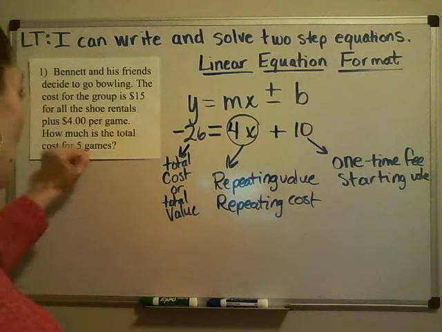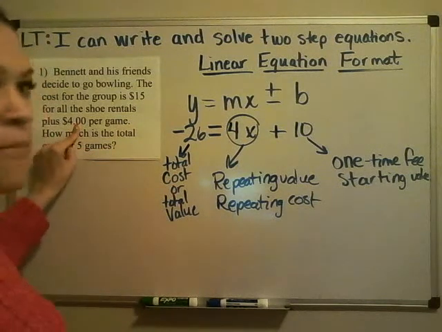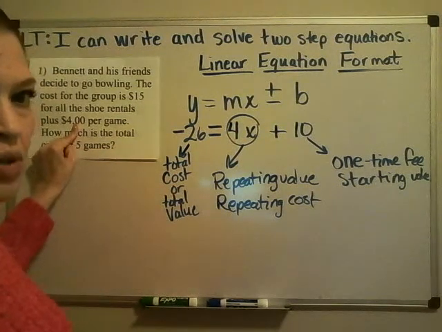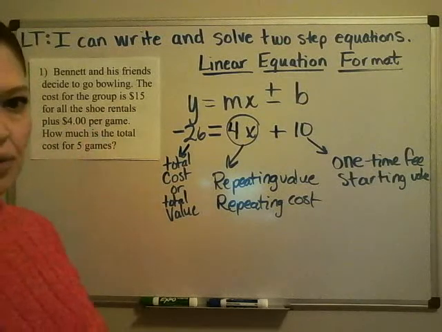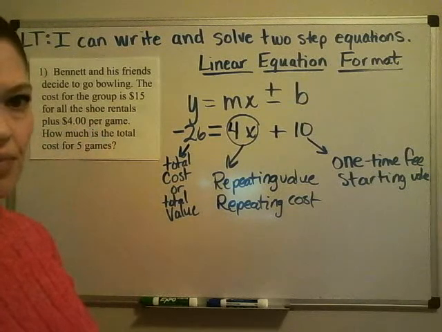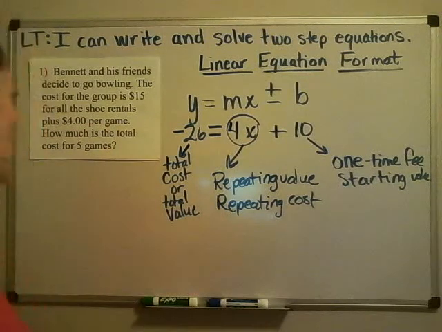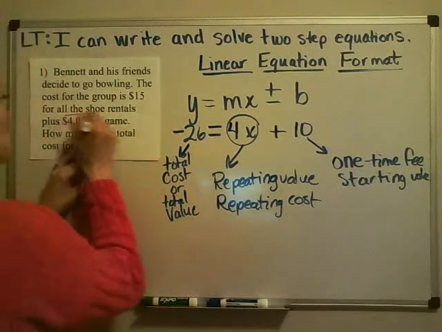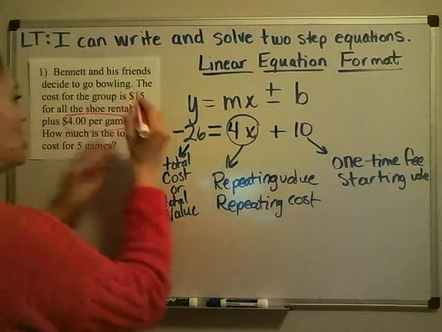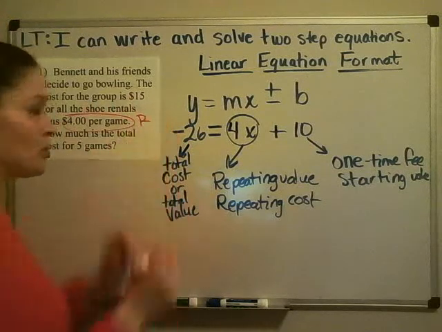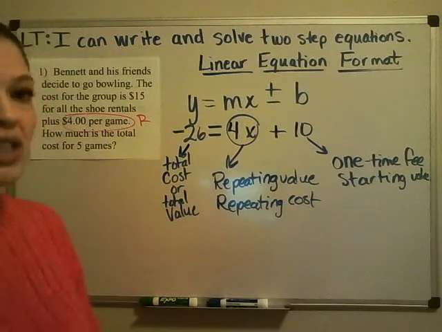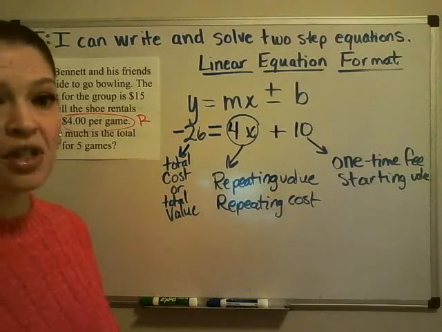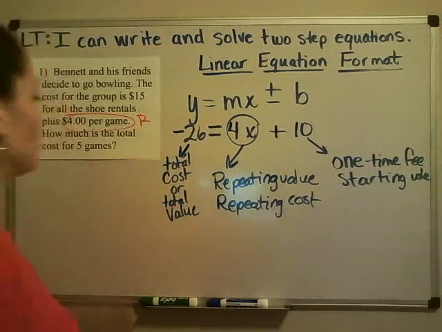Or are we paying $4 multiple times for each game? Which one of those is the repeating value? If you said that the $4 per game is the repeating value, that is correct, which means that your one-time fee is the $15 for the shoe rentals.